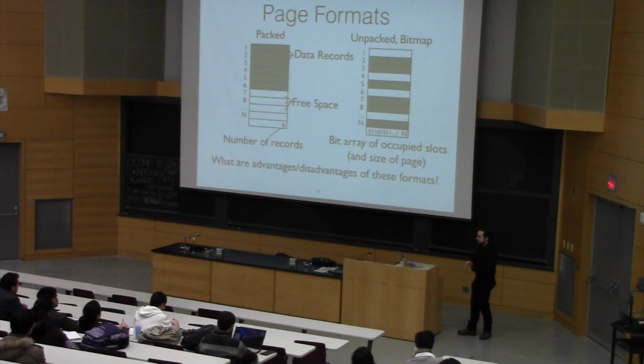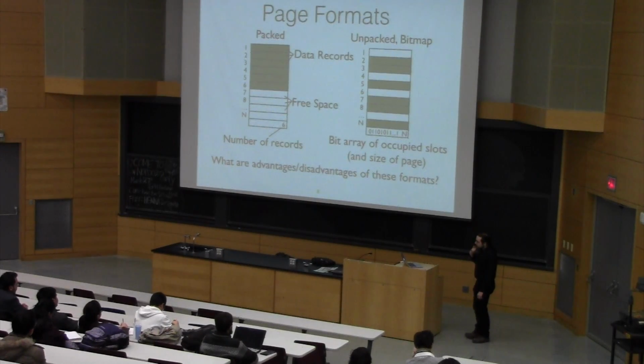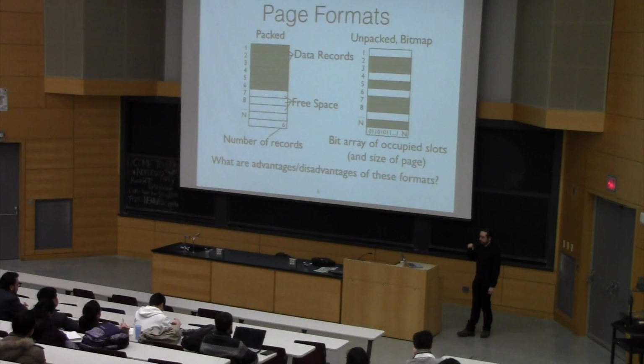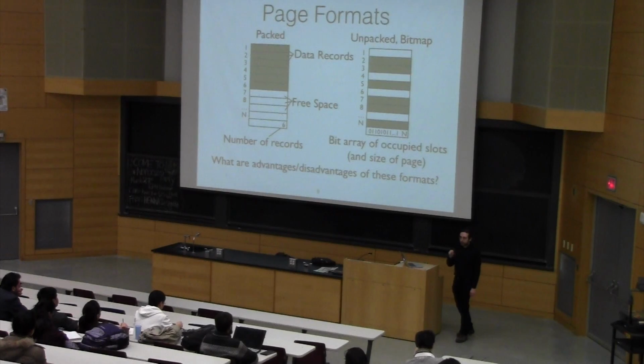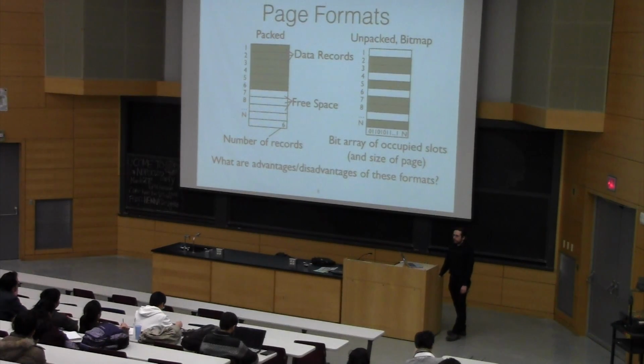The other extreme is that we can have an arbitrary mishmash of records stored wherever, and store a bit array telling us which slots are occupied. Then if we need to allocate something new, we scan over that bitmap and find the first available slot in the page. Okay.